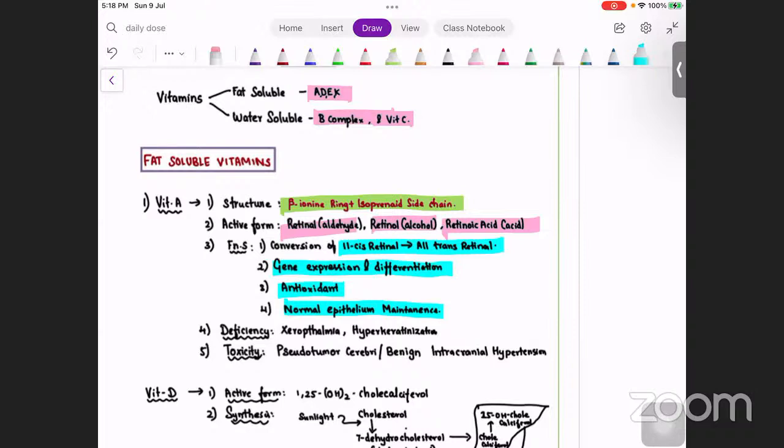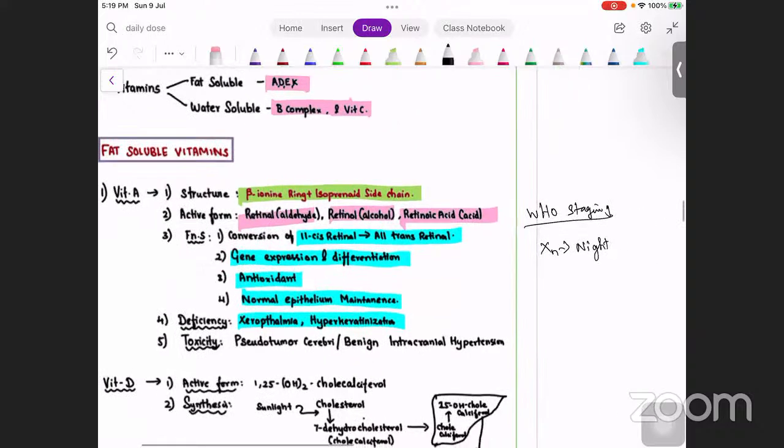Deficiency causes xerophthalmia and hyperkeratinization. If you are grading the WHO staging of xerophthalmia, XN indicates night blindness, and X1B indicates Bitot spot.